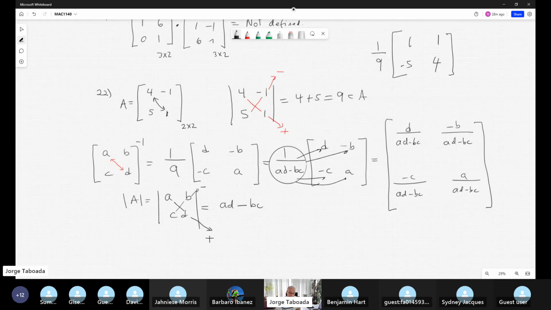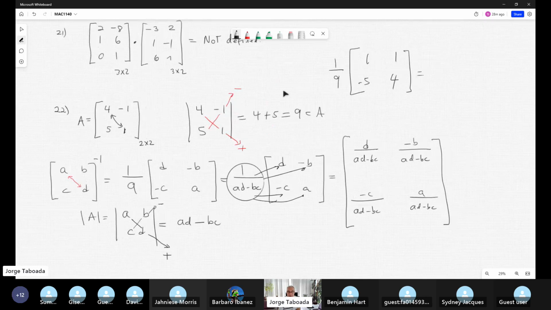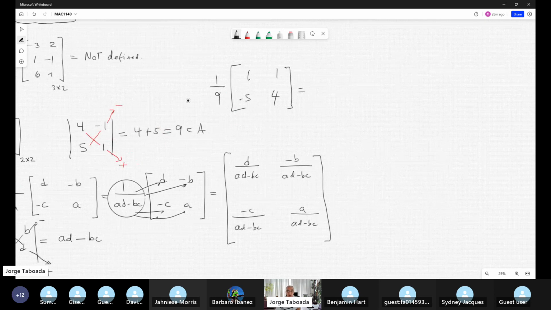Okay, you can write it like that. Or much better, you condense it in only one bracket: 1 over 9, 1 over 9 again, negative 5 over 9, and positive 4 over 9. Bam! And this is the option B and the other.